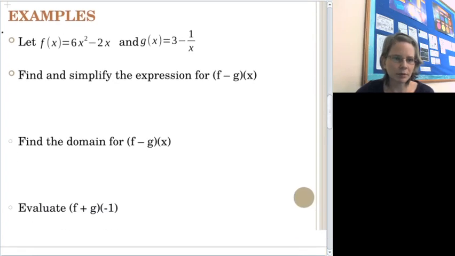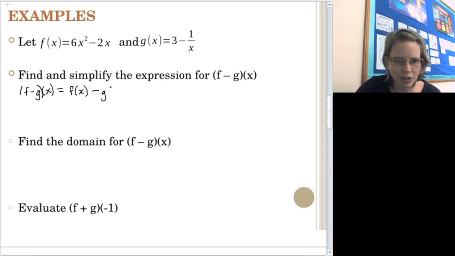So, for example, I have function f, that is 6x squared minus 2x, and function g, that is 3 minus 1 over x. And I want to find and simplify the expression f minus g of x. So from the previous page, f minus g of x is equal to f of x minus g of x.